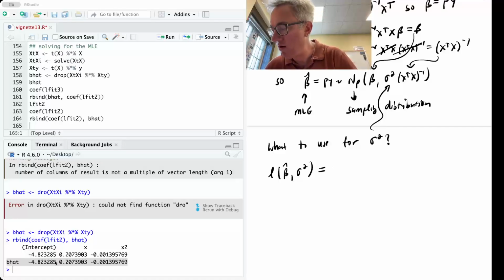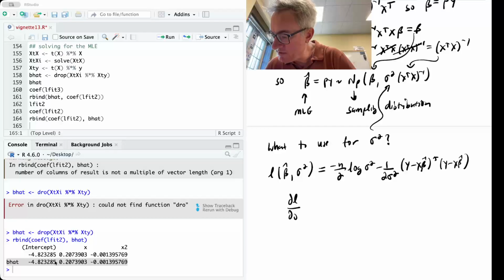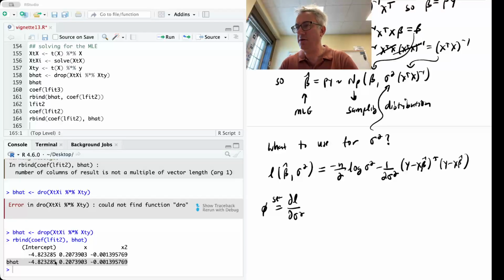So I'm going to get minus n over 2, just copying from what we had earlier, minus 1 over 2 sigma squared, (y minus X beta hat) transpose (y minus X beta hat). I'm going to take the derivative with respect to sigma squared and set that equal to 0.